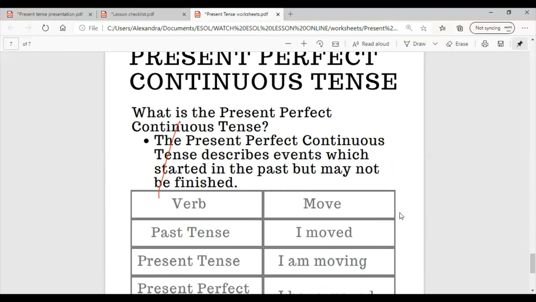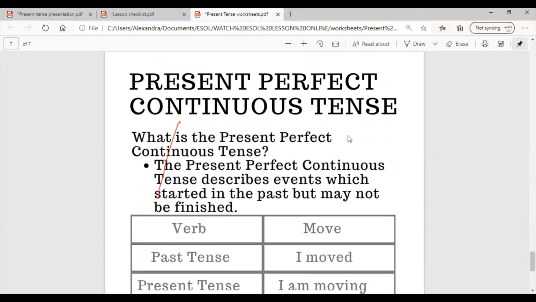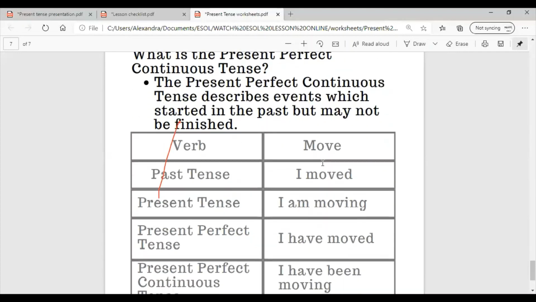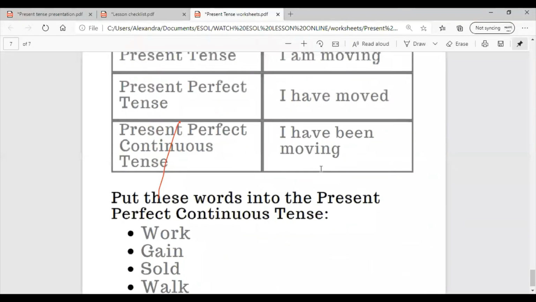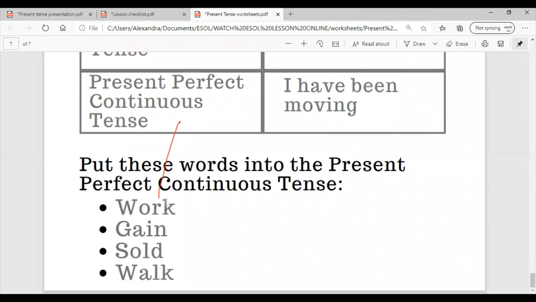Okay, and now the present perfect continuous tense. Remember, it's something that started in the past and may still be ongoing. It may not be finished. So you're going to have that have been and that ing ending on the end of the root word. So the same with work. It would go, I have worked.